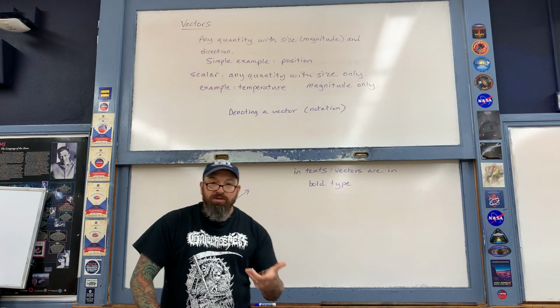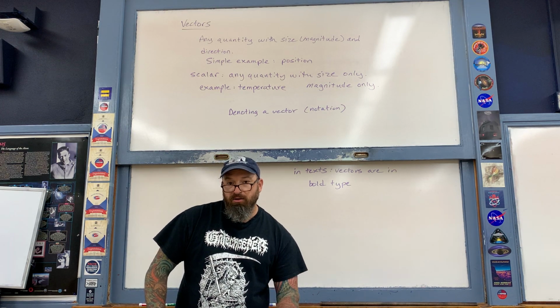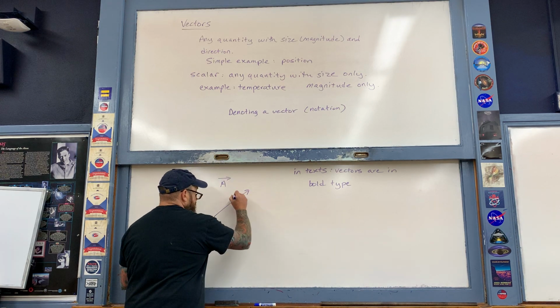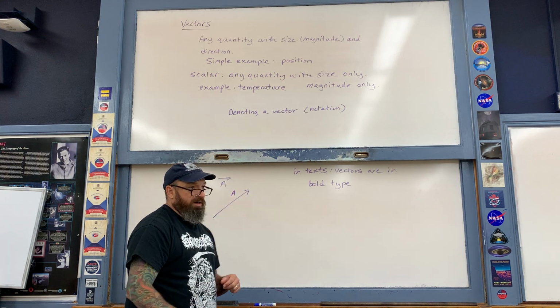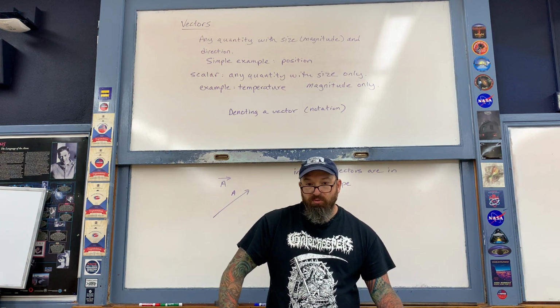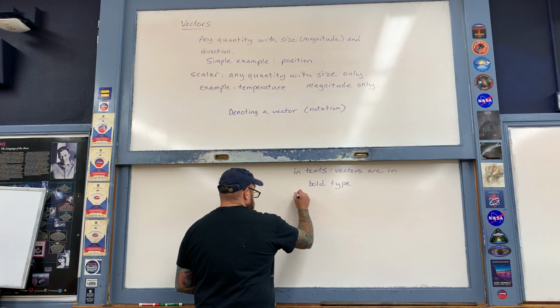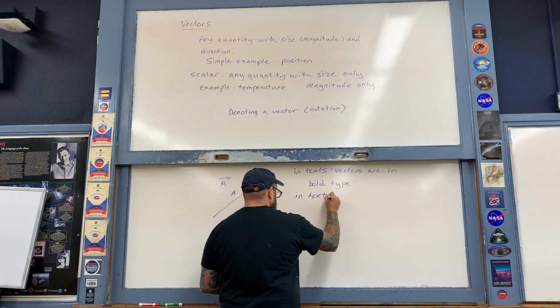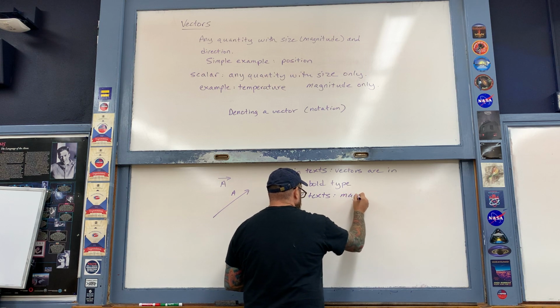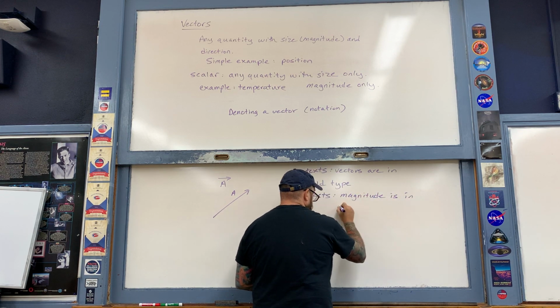Then there are two things associated with this vector. First is its magnitude, basically the length of the arrow that I just drew. To describe the magnitude, we just write the letter A all by itself without the vector symbol. In textbooks, the magnitude is written in normal type.